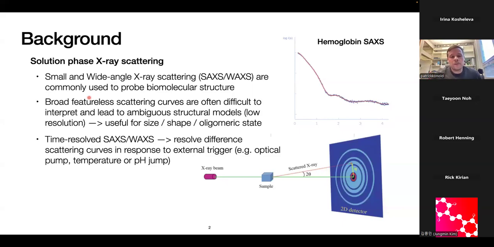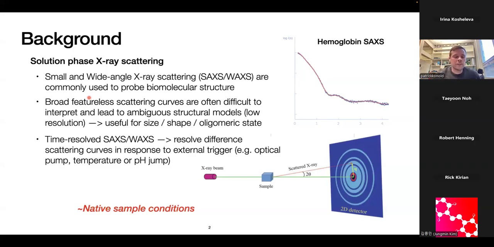More recently, time resolved variants of this SAXS-WAXS technique have been developed, which enable one to resolve different scattering curves in response to some sort of trigger, such as a pulse of light, change in temperature, or change in pH. The most important thing to grasp about solution scattering and its benefit for biological systems is that you retain near native sample conditions.